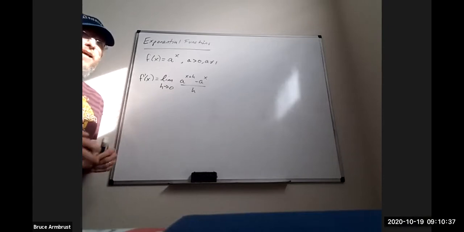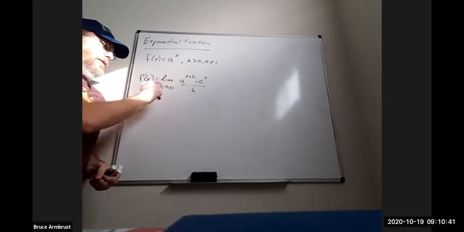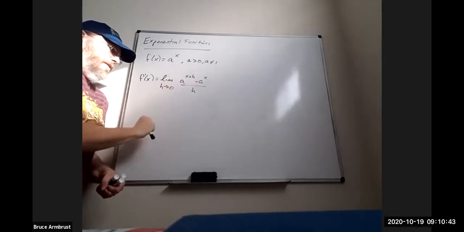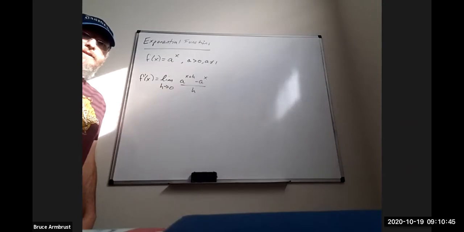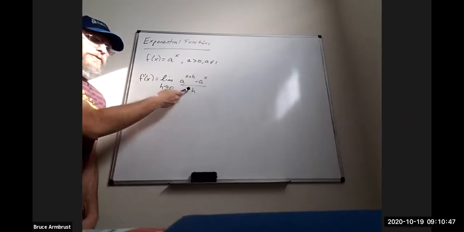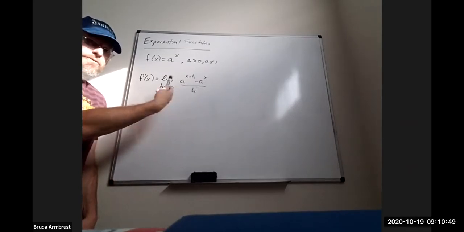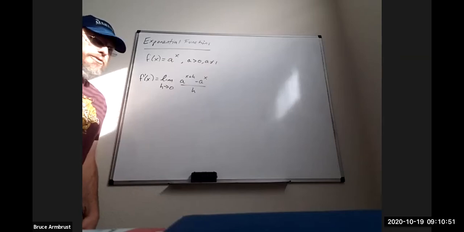Just purely using that definition, right? So the function evaluated at x plus h minus the original function divided by h. By now, hopefully you're really familiar with this form because we do it all the time, right? The difference quotient.